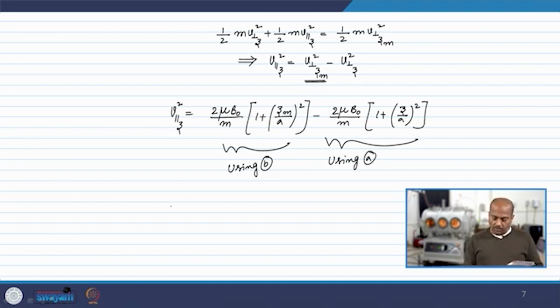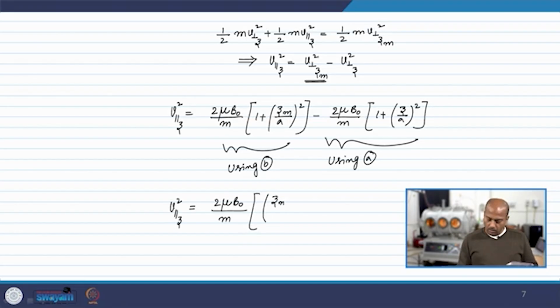Doing some algebraic simplifications, we will write v parallel z square is equal to 2 mu B naught by m times zm by a whole square minus z by a whole square, right.